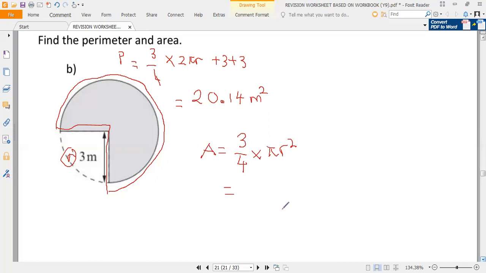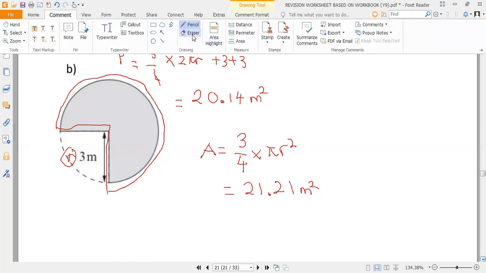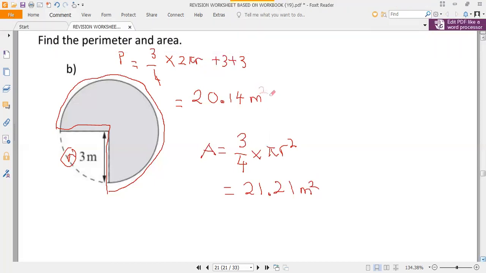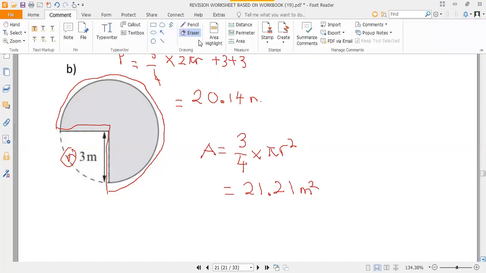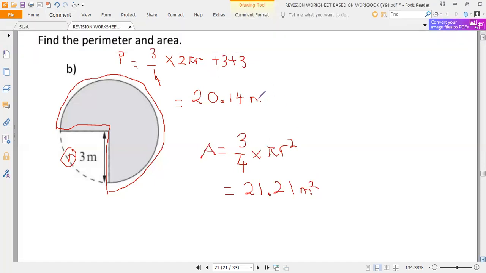So 21.21 meters squared. I'm extremely sorry. I accidentally put meter square for the previous one. Let me erase it. It's only meters because it's perimeter. This one is meter square.